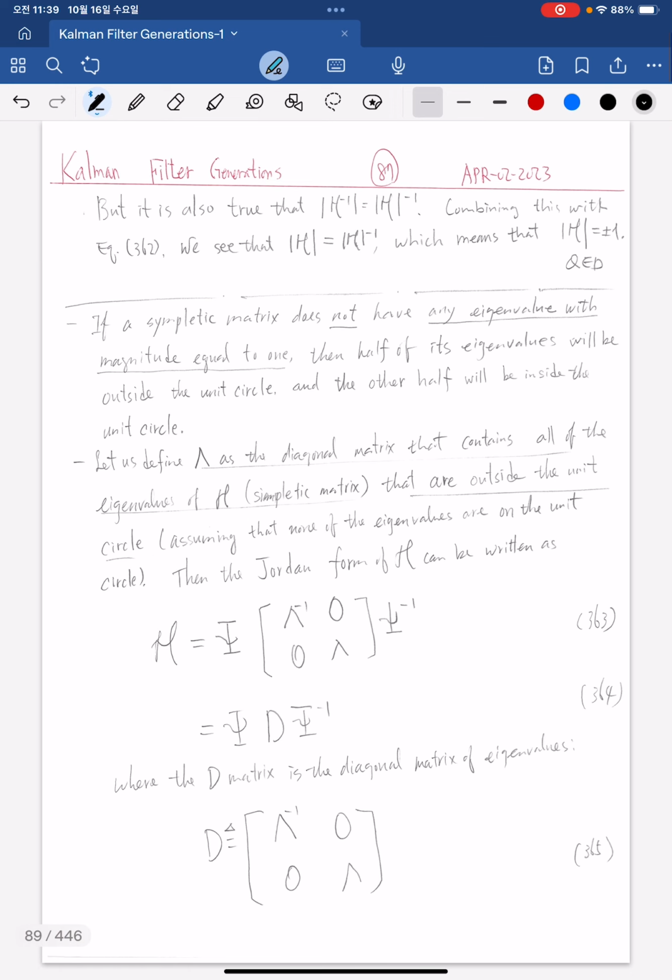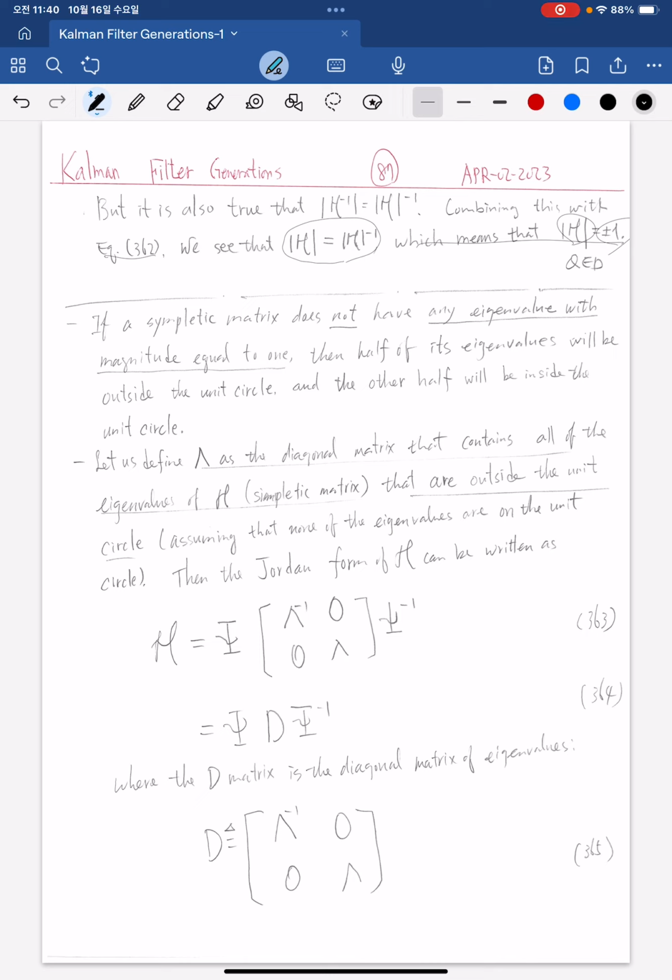But it is also true that the determinant of H inverse is the reciprocal of the determinant of H. Combine this with equation 362. We see that, 그러니까 H determinant가 H determinant inverse와 같은데, 이걸 이래 되려면 결국 determinant는 플러스 마이너스 1의 값을 갑니다.